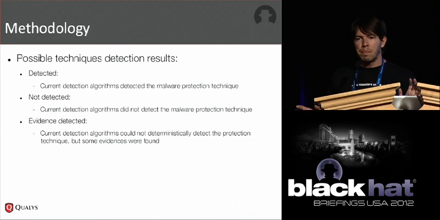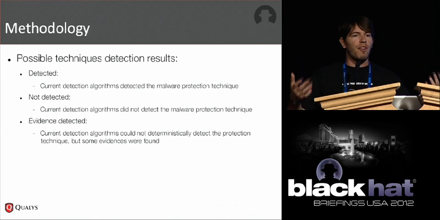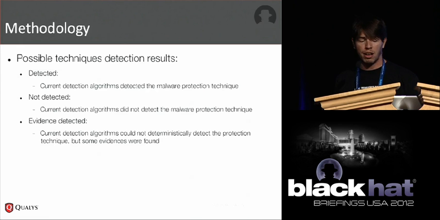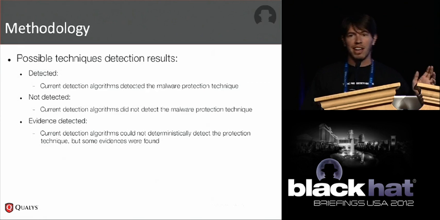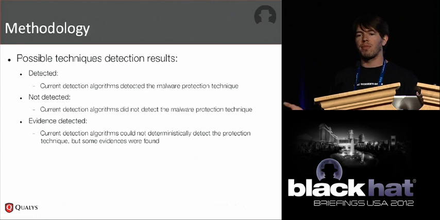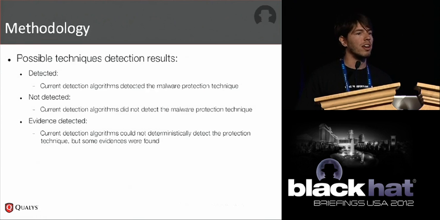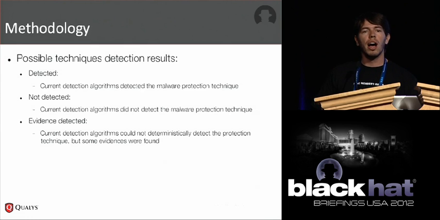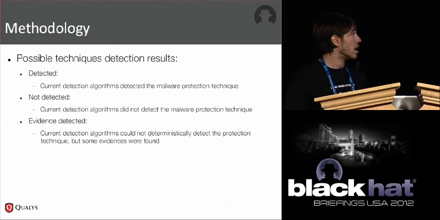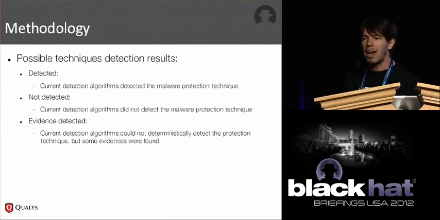Each of the plugins that we wrote, we defined as having 3 possible outcomes, of course, if there are no bugs. There are always bugs. One of the outcomes is, of course, that the technique was detected, so the sample implements this technique. The other outcome is, of course, not detected.